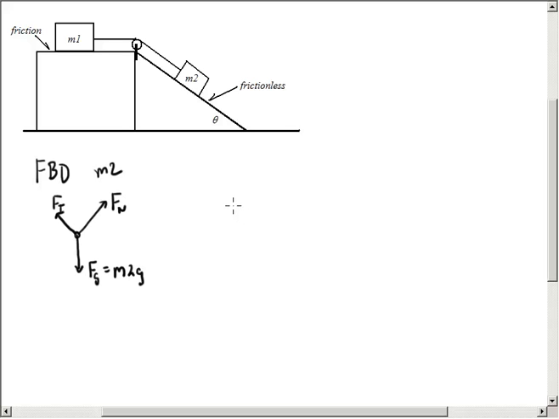What about my axes? Pause the video, draw what you think will be convenient axes, and then resume the video. Okay. For my axes, I will align my y-axis along the direction of the normal force, and I will align my x-axis along the direction of acceleration.